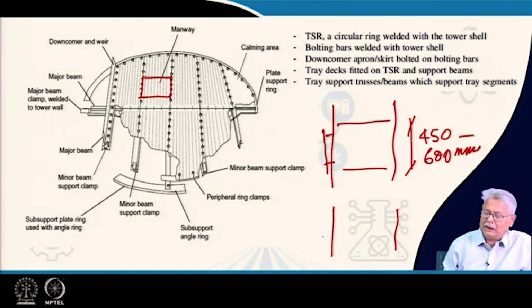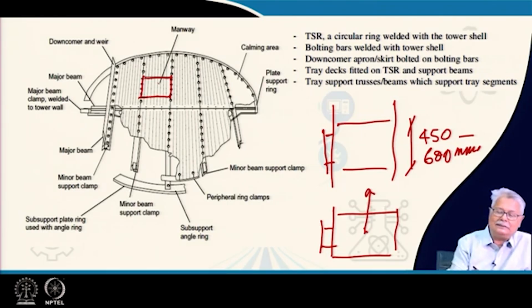Similarly, after about 6 trays above or below that, you require one more manhole. So, whenever you are assembling your trays, you have someone who has to go from one particular tray to above that and bolt that particular tray. For that, these square sections are kept.